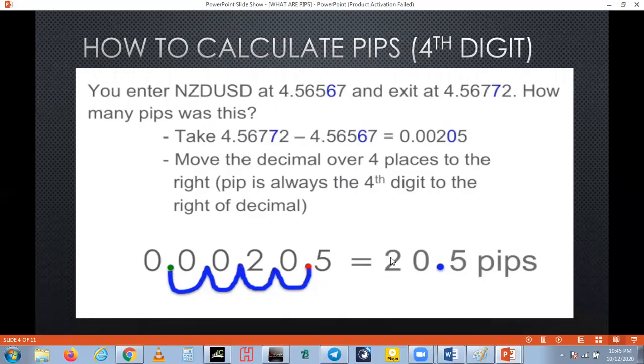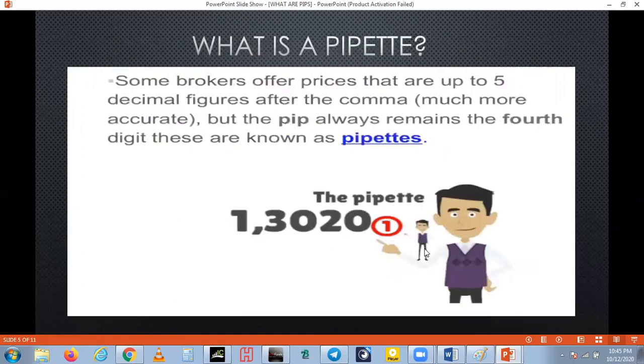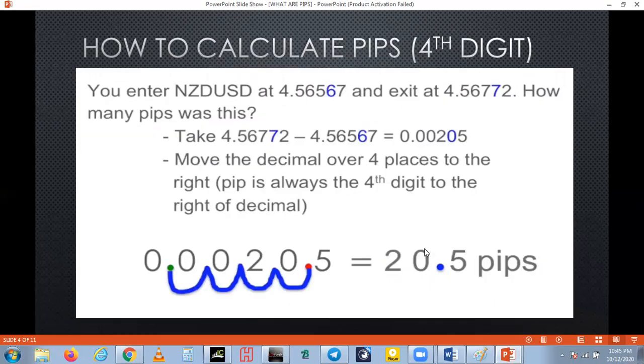So that will be 20.5 pips. That's what you made from this movement. 20.5 pips. We're going to get to this .5 we're looking at; there's actually a word for it.